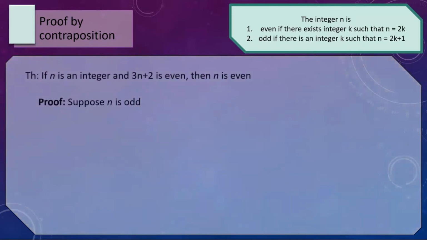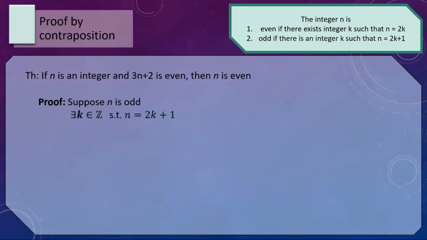Let's try another. If n is an integer and 3n plus 2 is even, then n is even. So contraposition, we're going to reverse the direction of the implication and negate. So we will be starting with the assumption that n is odd. Apply the definition.